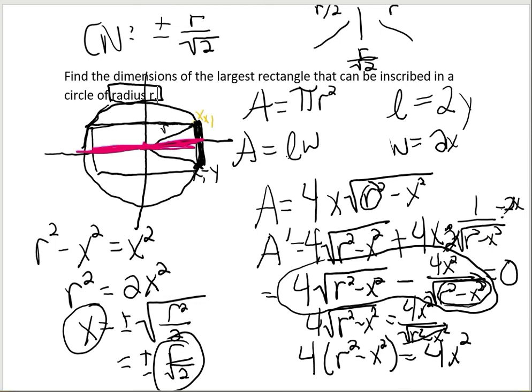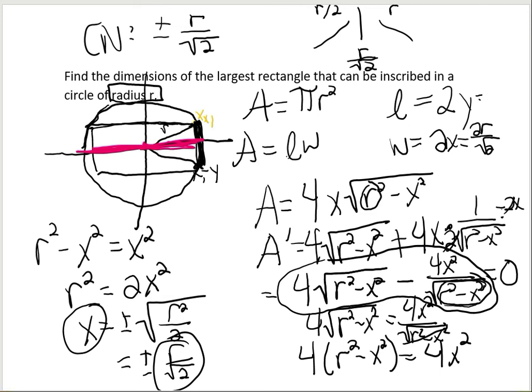Now, you have to go back and say, well, that's our x, which means our width is going to be 2 times r over square root of 2, or 2r over square root of 2. And what's our length?